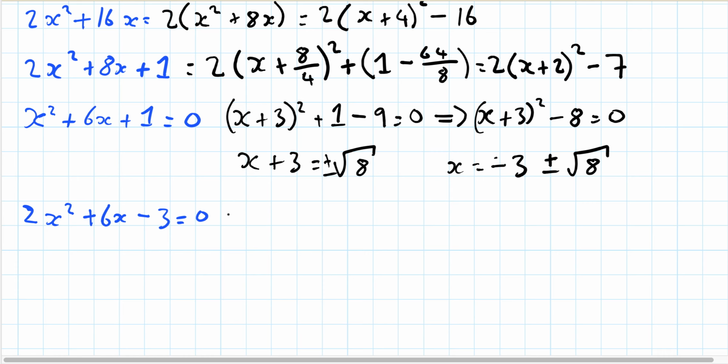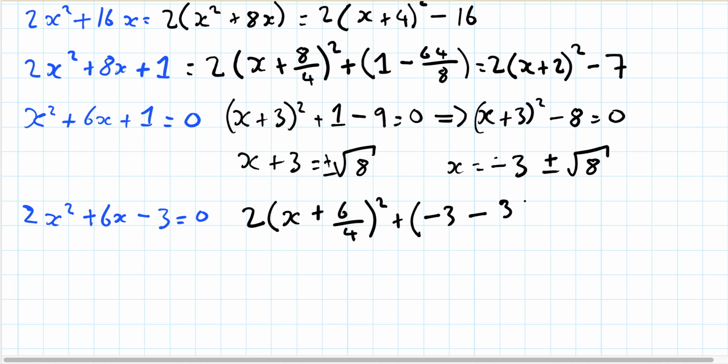So here we've got 2 bracket x plus 6 over 2 times 2, which is 4, all squared, plus c, which is minus 3, minus b squared, which is 36, over 4 times 2, which is 8.